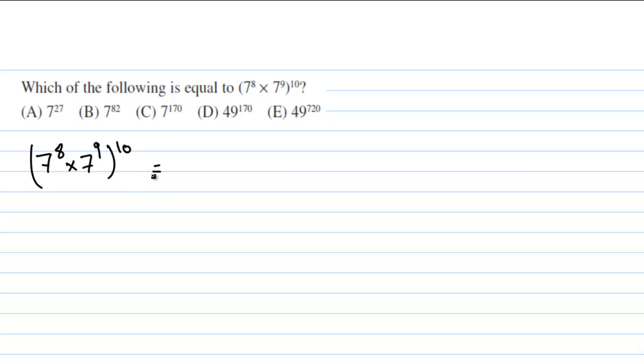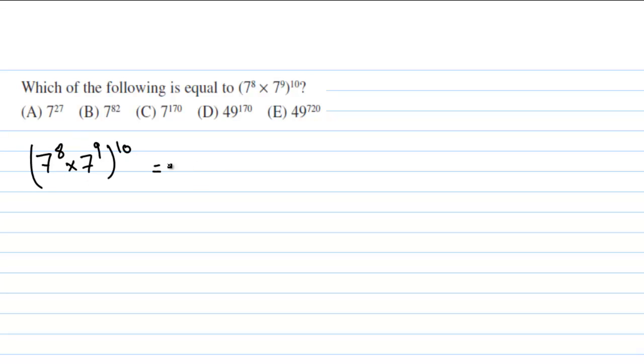All right, a good idea will be to first multiply what is inside the brackets. So we multiply inside the brackets, the 7 and the 7 here. Then we raise to the power 10. So first we work what is inside the bracket out.